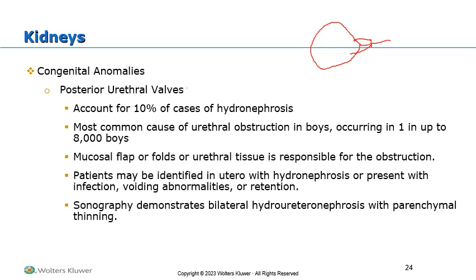Now, if no urine is being released in utero, that's going to cause oligohydramnios, which is going to result in pulmonary hypoplasia. If for some reason some urine is being released, they may still have oligohydramnios, but at least enough fluid that they can breathe and develop their lungs to a certain extent.